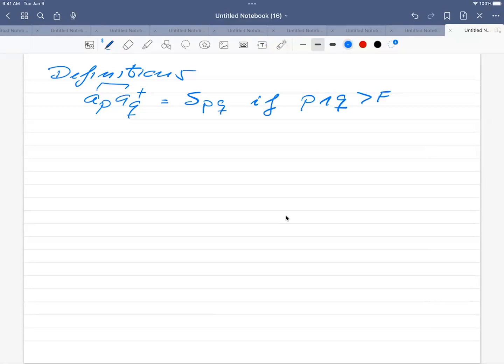So I'm going to use this notation consistently throughout the semester. And then we have a_P a_Q dagger, and this is also delta PQ if P and Q are both below the Fermi level.